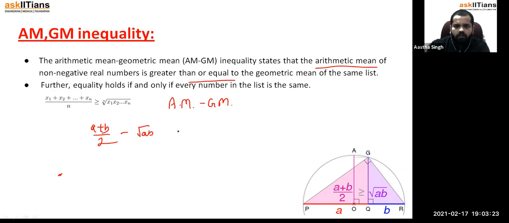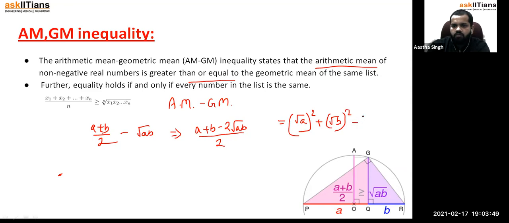right? So just take out the LCM 2. In the numerator it will become a plus b minus 2 under root of ab, right? Okay, so your a could be written as under root of a square, your b could be written as under root of b square, and it is minus 2 times under root a and under root b, right?